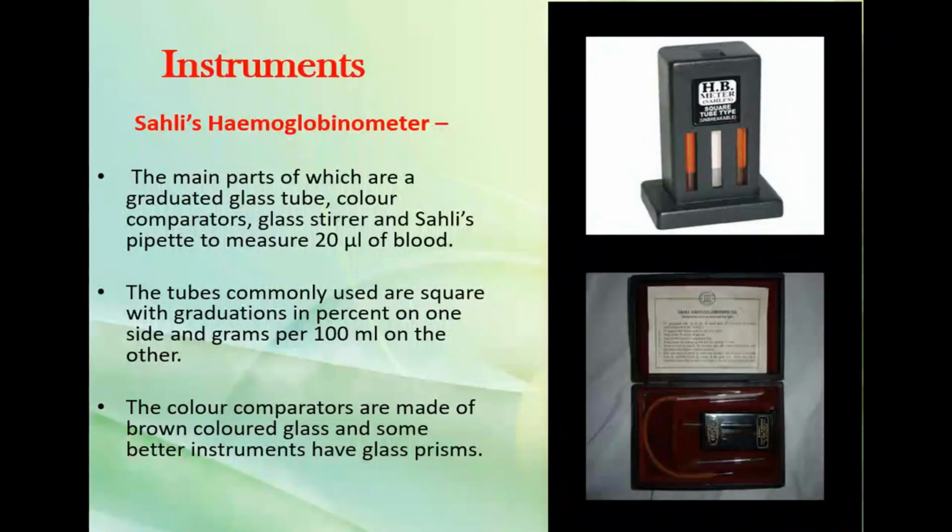And here you can see the instrument. This is a pipette, which is useful to suck the blood. The blood will be placed in the tube. This is a normal glass tube, which will be placed with the blood and then diluted with 0.1 N HCl. But you have a reference block here.